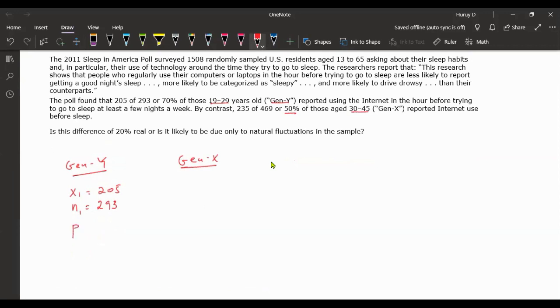If you calculate it, you will get 70%, and it's already given. So p-hat 1 is 0.7.